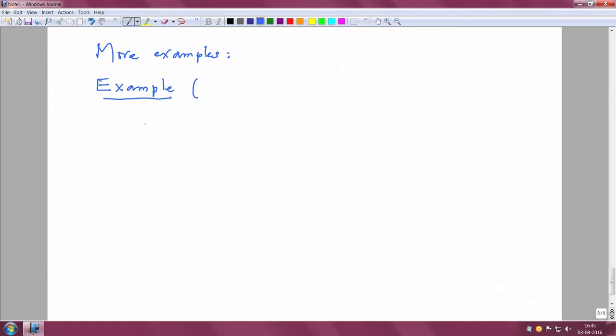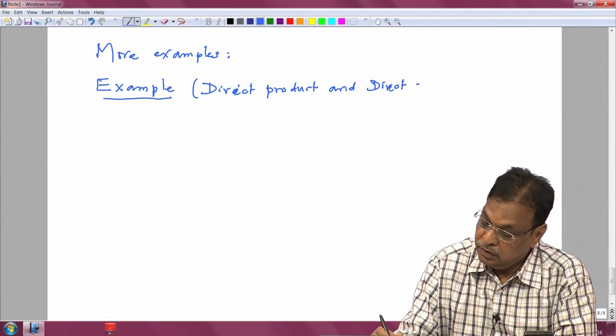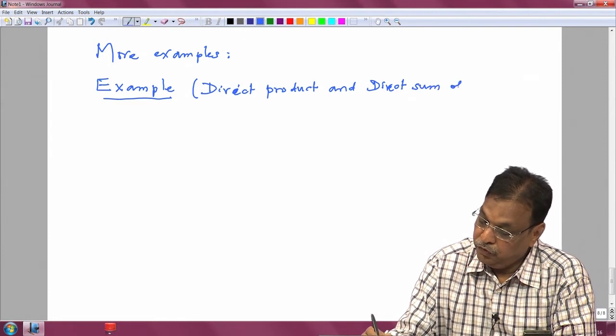So, the title of the example is direct product and direct sums of vector spaces.